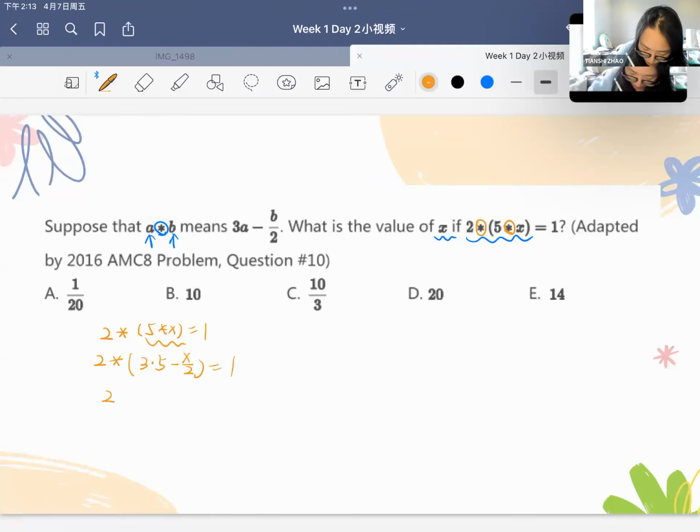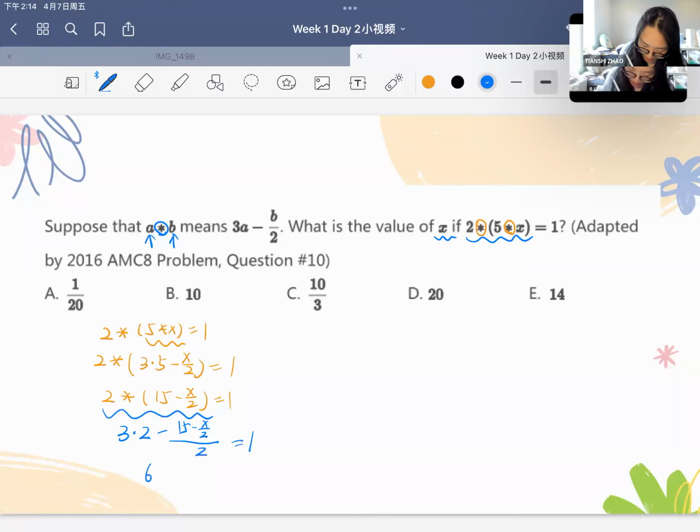So we will have 2 star thing and then do the calculation equals 1. So then we need to apply the calculation rule again, which equals 3 times the first thing minus the second thing divided by 2 equals 1.